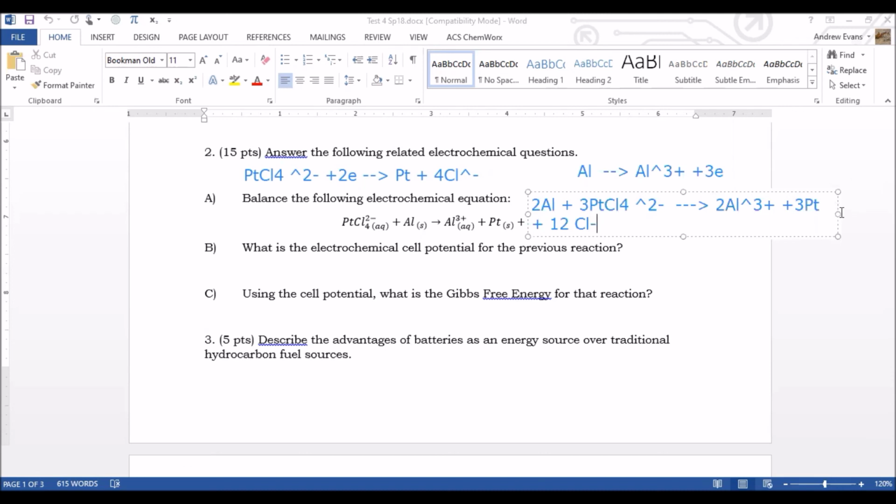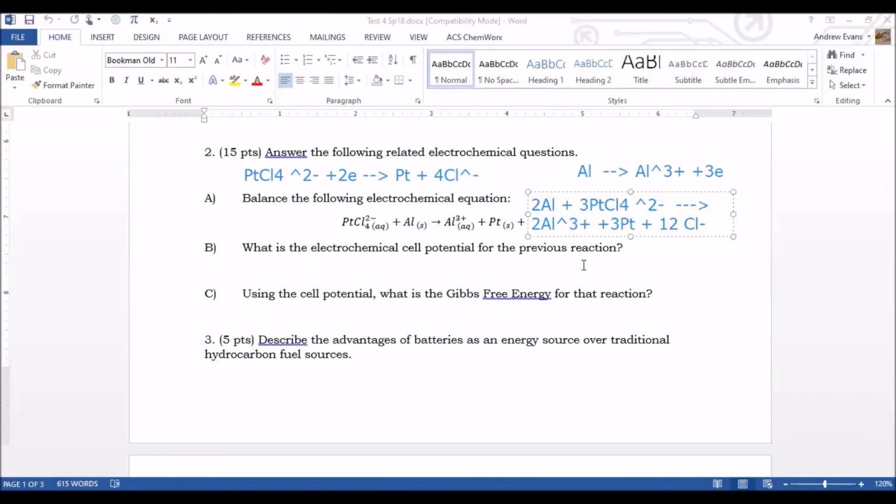Now, if we look at the total charge, the total charge on the top, 3 times 2 is 6. The total charge on the bottom, 2 times 3 is 6 plus, but then 6 plus and 12 minus give you -6. -6, -6. They're all balanced. But I need to balance each half reaction and then recombine them together.